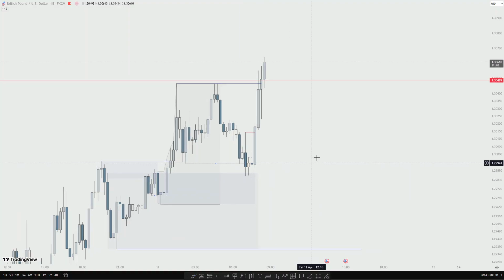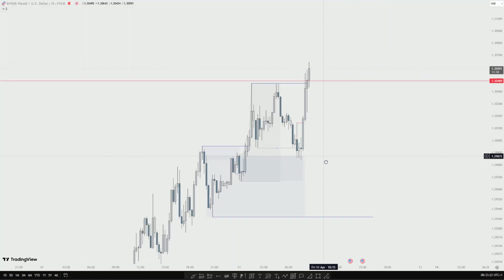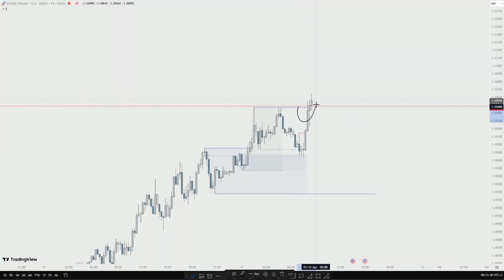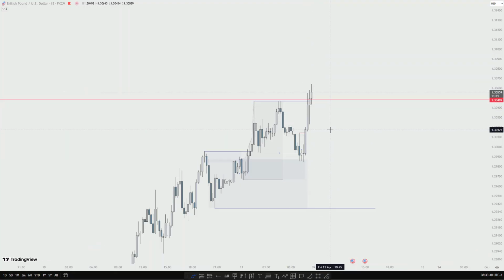That is clear on M5. I will switch and show you. Before that, this choch was so slight that I wasn't considering it as a choch. Rather, I wanted to wait for this M15 order flow shift, but we do not have enough room for targeting enough risk to reward.